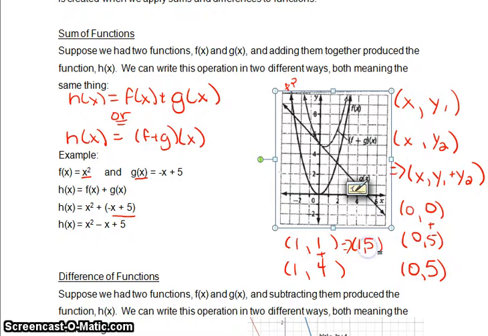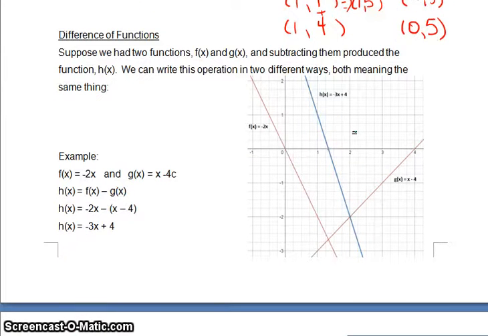So you'd have 1 and 5, and you can double check this. Let's go to 1, all the way up to 5, and what a coincidence, it's at 1 and 5. So hopefully you get that picture that you just add the y values together, your x value stays the same, and that is the resulting graph of the sum of functions.